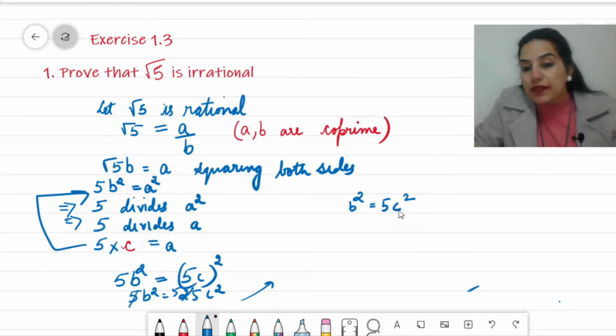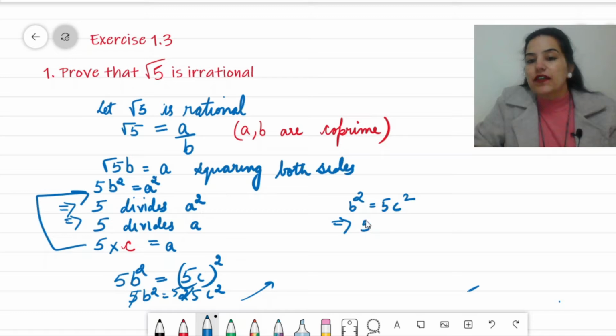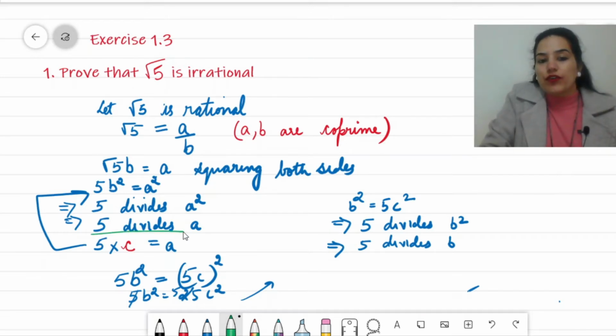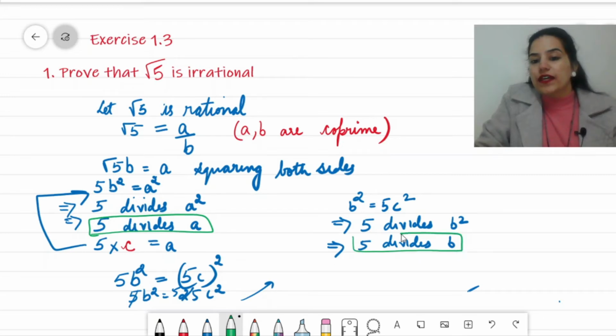Now 5 multiplied by c square is giving you b square. This implies 5 divides b square, which further implies 5 divides b. Now here, if you pay attention, we have already proved 5 divides a, and now we have reached that 5 divides b.